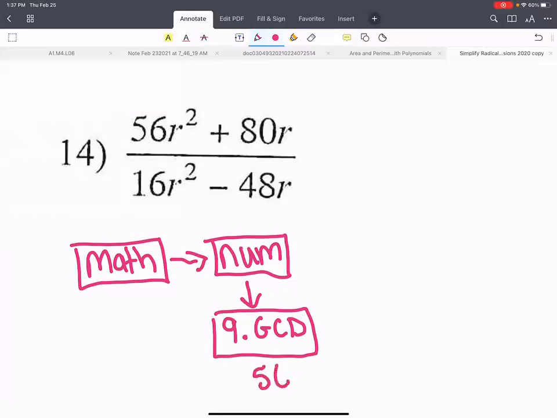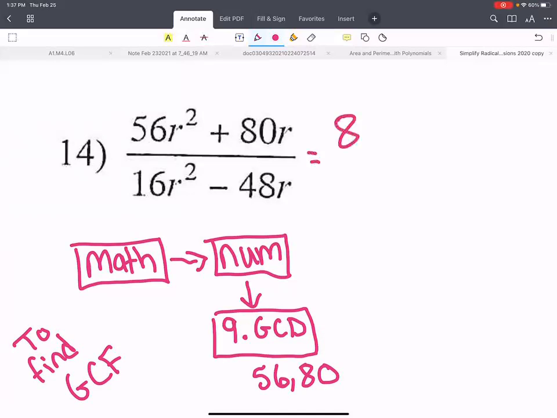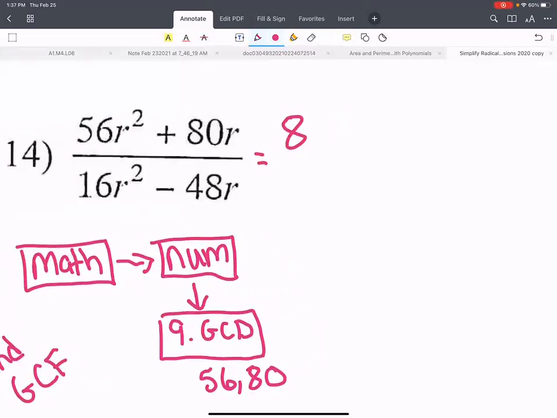And then you would type in 56, 80. And what do you get? 8. Now, it doesn't account for the variable. Can I factor out a variable here? 8r, good.